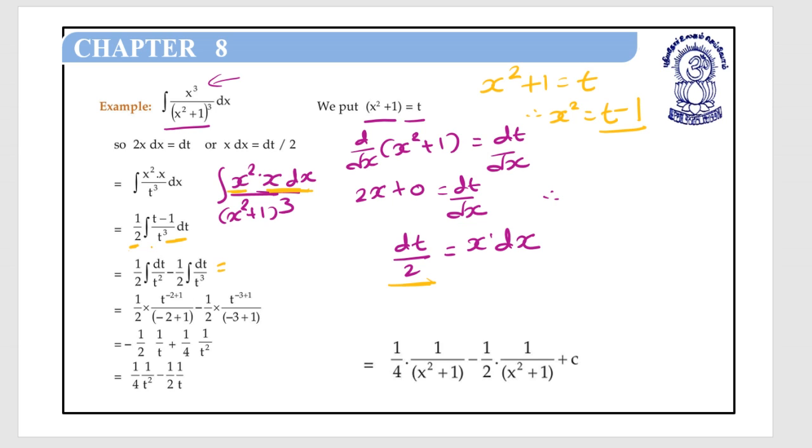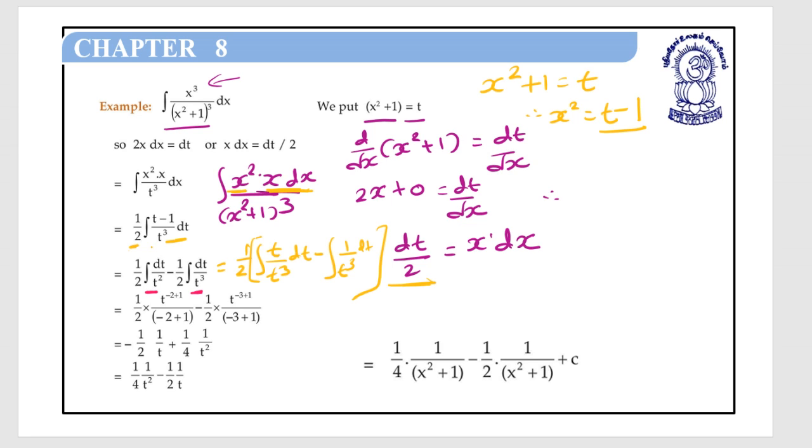1 by 2 integration of t upon t cube dt minus integration of 1 upon t cube dt. Here t by t cube is 1 upon t square, minus 1 by 2 dt by t cube.